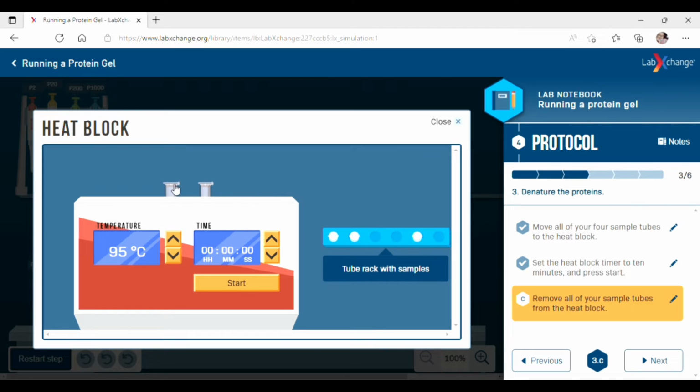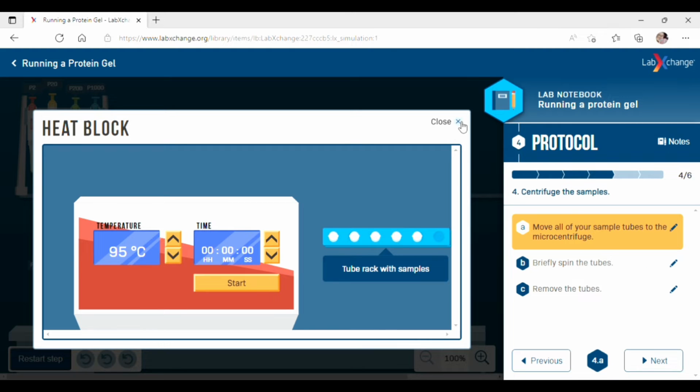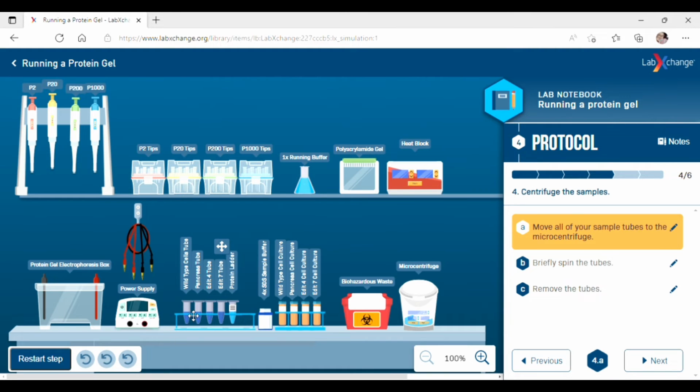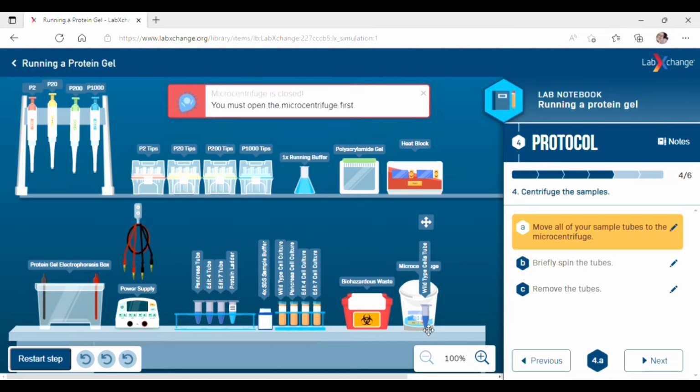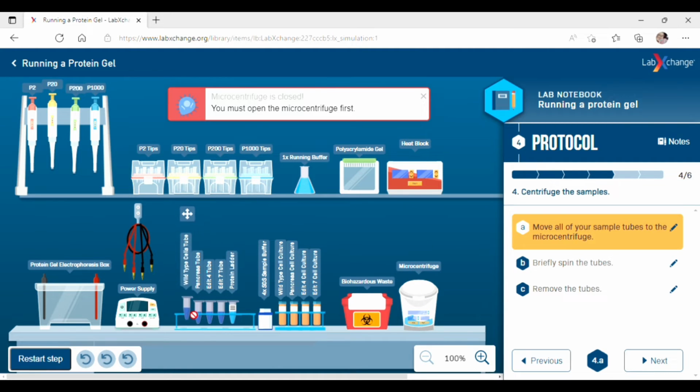After done, remove all of the tubes from the heat block. Move all of the samples into the microcentrifuge.